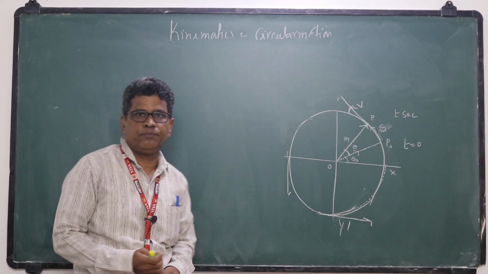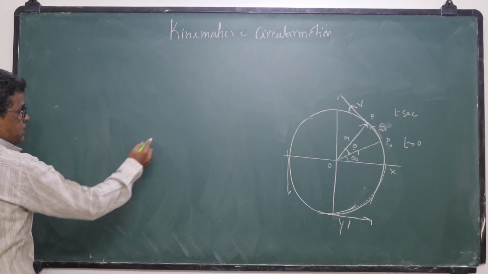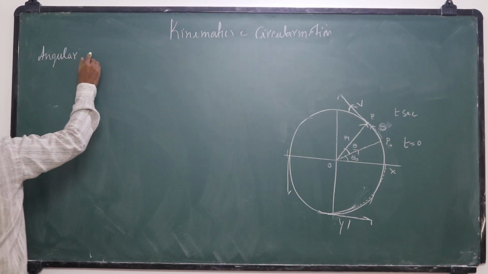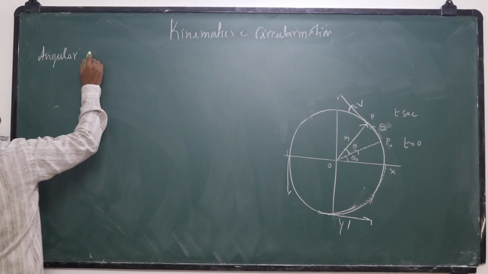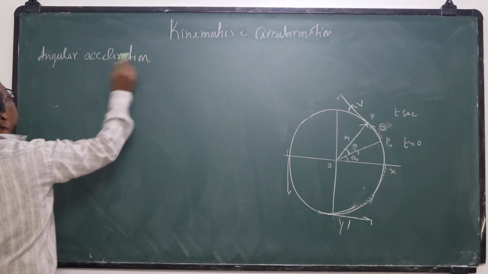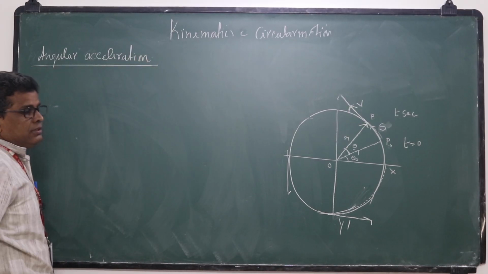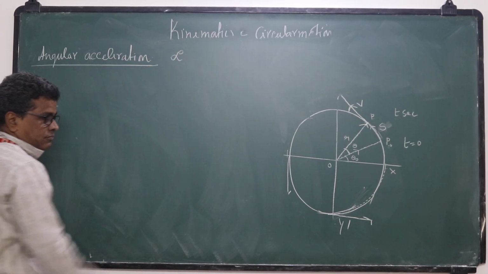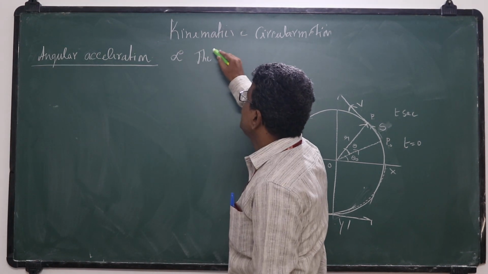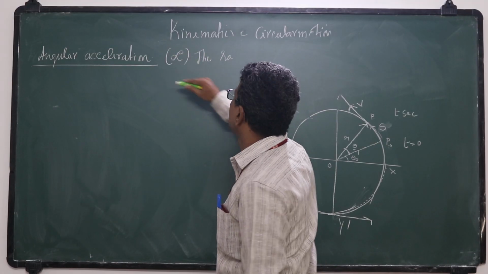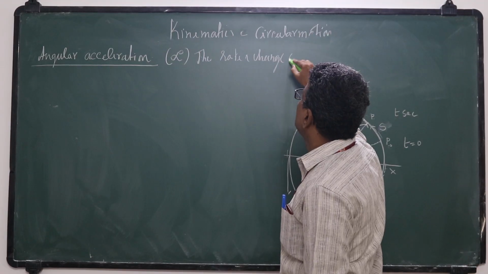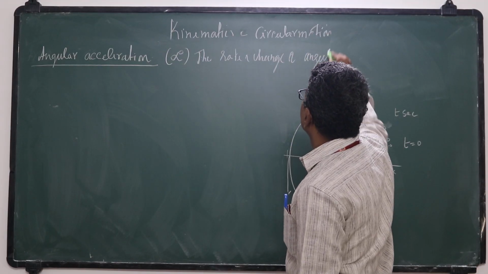Okay. Next one. The next one is angular acceleration. It is represented with the letter alpha. It is defined as the rate of change of angular velocity.